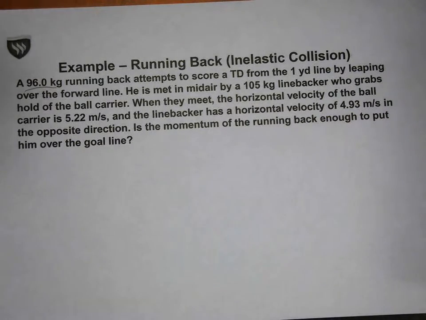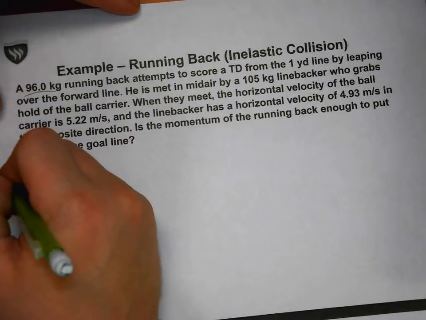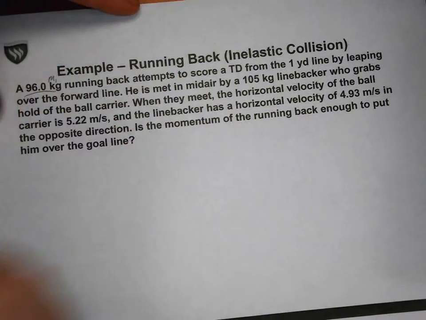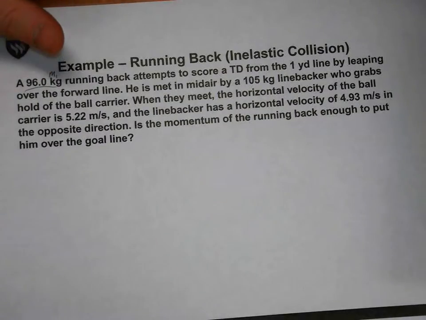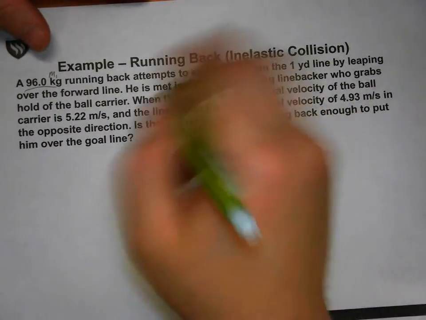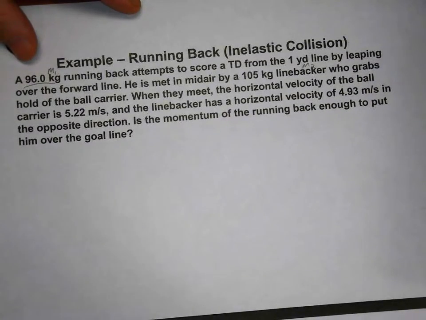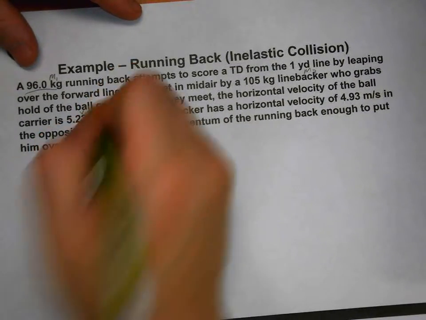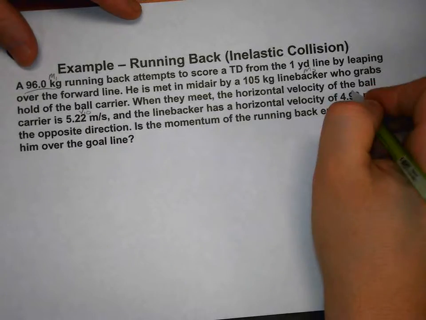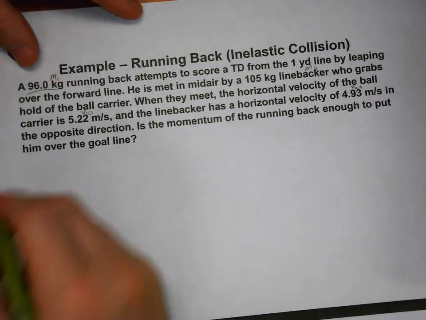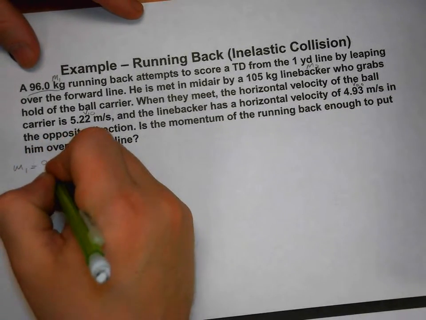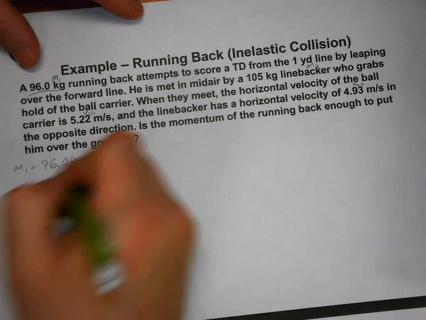Well, let's set up our problem. I'll call this guy M1. I guess I could call him MRB or something, but that just gets kind of messy. So call the bigger linebacker M2. This is V1 initial. This is V2 initial. M1 equals 96.0 kilograms.